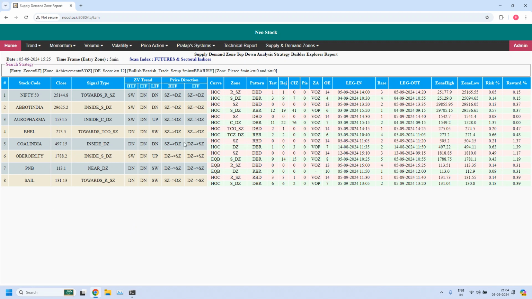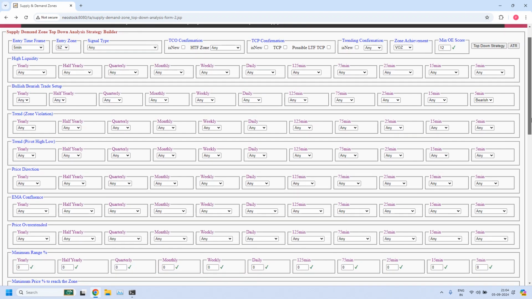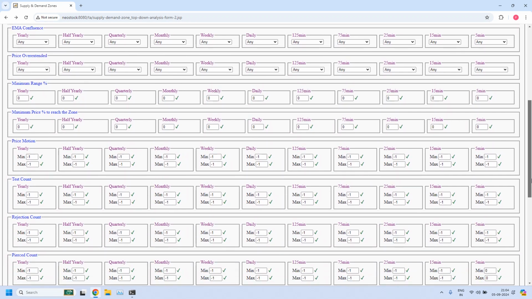We have a HIT trade available, sorry, not DIT, HIT, hourly income trade for NIFTY, but RR is not there. Both are high liquidity zones. One of the zones has to be violated. Now let's verify whether any of these stocks are having confluence with the ITF time frame, that is a 5-minute supply zone and 15-minute supply zone confluence.